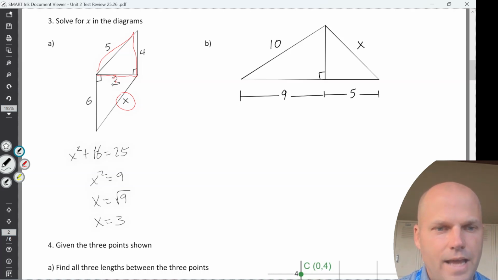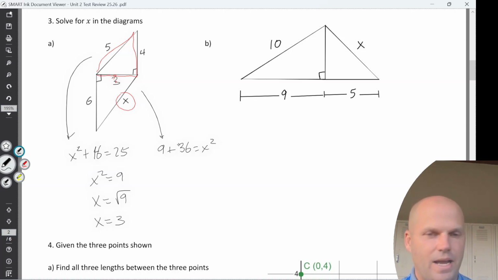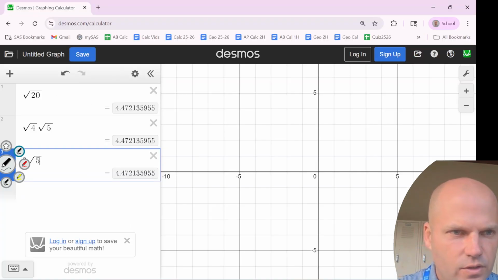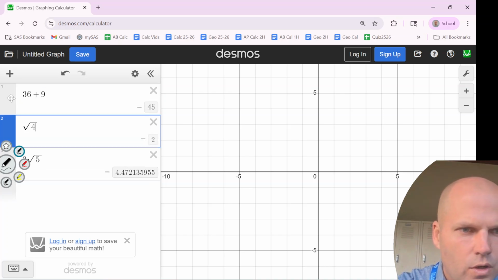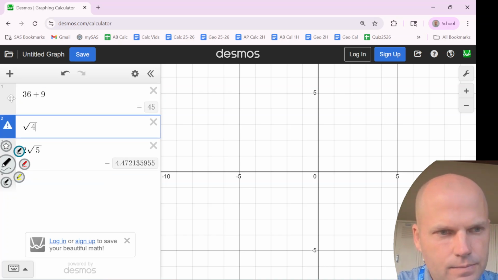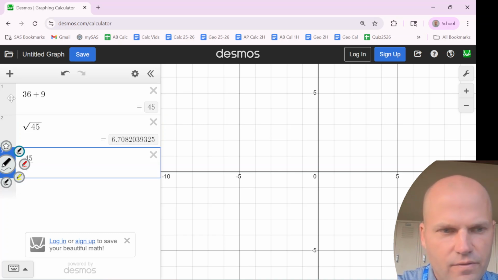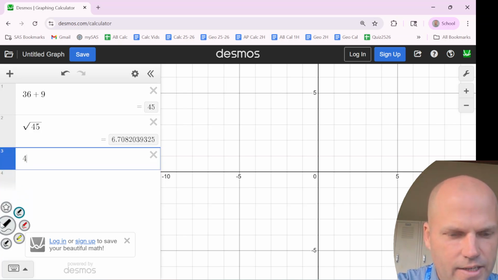Great. Now I'll use the Pythagorean theorem in the second triangle, where I have 3 squared, which is 9, plus 6 squared, which is 36, equals my c squared, or my x squared. 36 plus 9 is 45. We can do a little bit of work here. We want to square root that. So the square root of 45, we can take 45 and start dividing it by numbers. 9 works. 9 times 5.